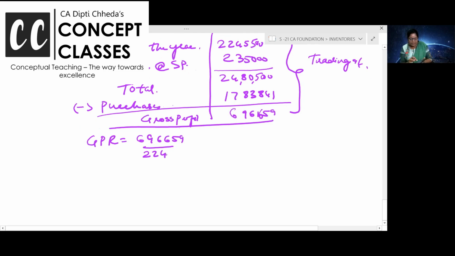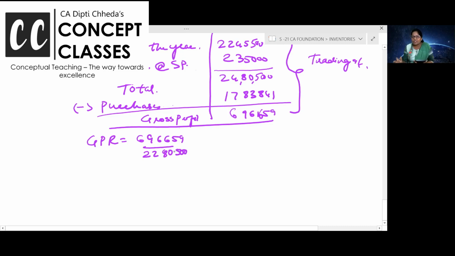For total, whatever is purchased is sold at 24,80,500.